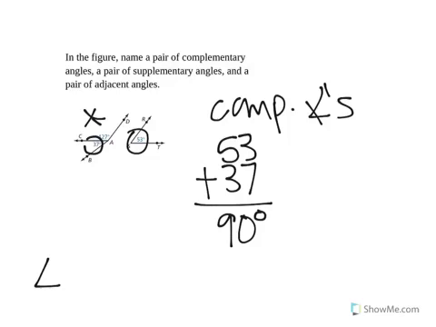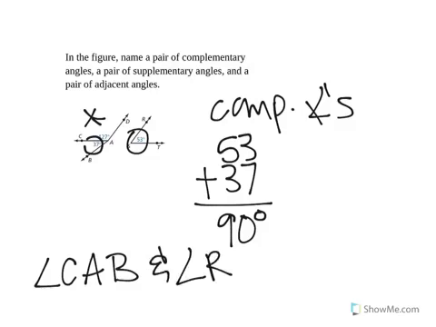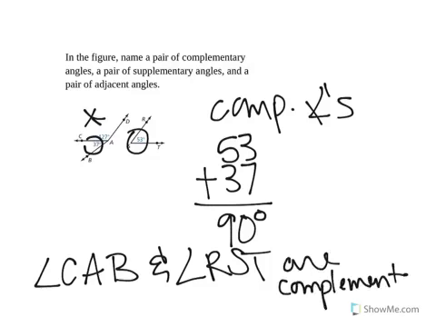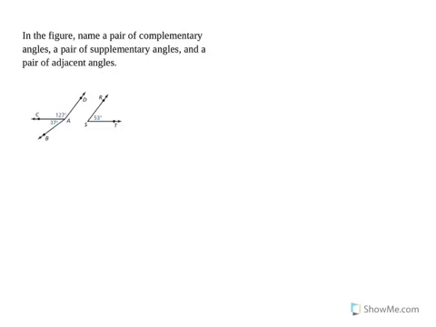So angle CAB and angle RST are complementary. Now we want to name a pair of supplementary angles.